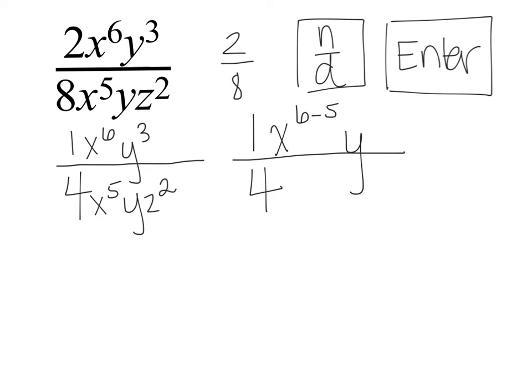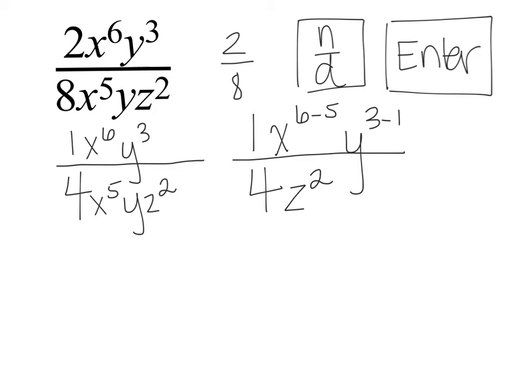Y to the 3rd power, because that's in your numerator. You have y in the denominator, but it doesn't have an exponent, so you can rightfully assume that it is 1. And then in the denominator, you're still going to have z squared. There is nothing in the numerator to subtract, so that z is going to remain in the denominator.